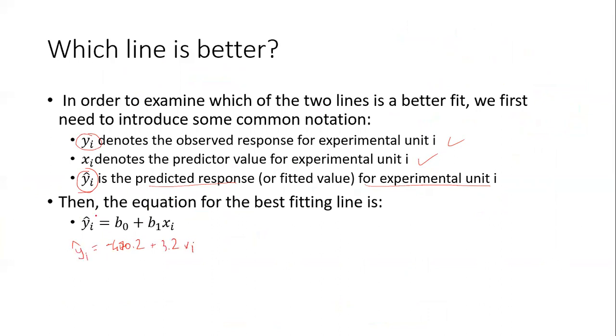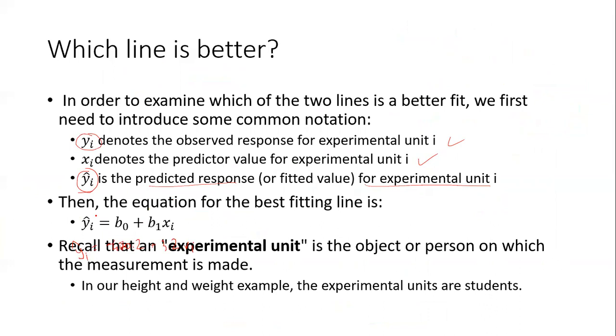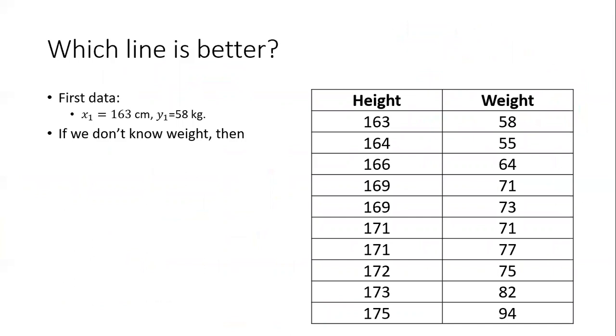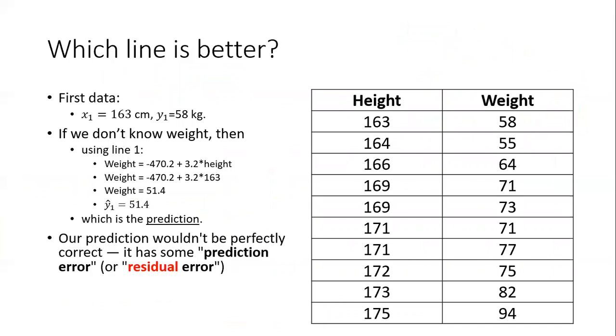So this is my first line. In fact, this is what we did: 51.4 is the prediction, and so on. This is the prediction of the first student.